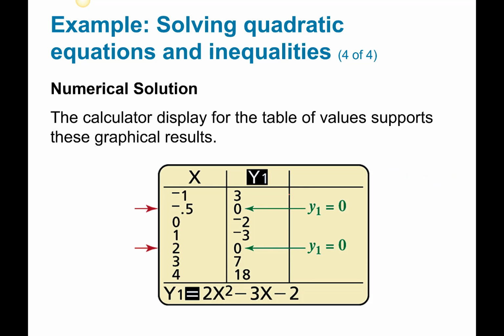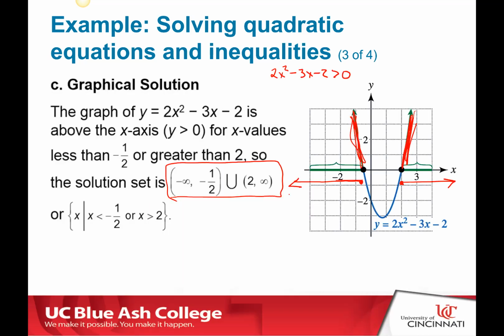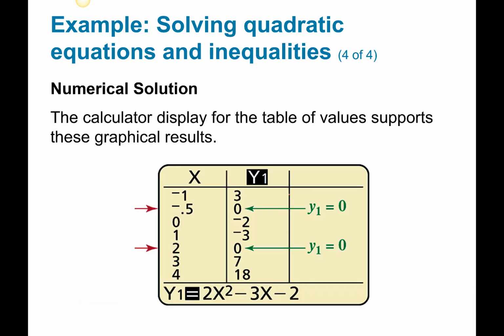Another way to do this, and this is not the prettiest way, I would not encourage you to do things this way unless you're really desperate. I would be much more inclined to do it with a graph. Another way to do this is with a graphing calculator that has a table, like a TI-83 or 84. You can plug in values and see, is the y value that comes out positive? Oh, it's 0. Oh, here it's negative, negative.